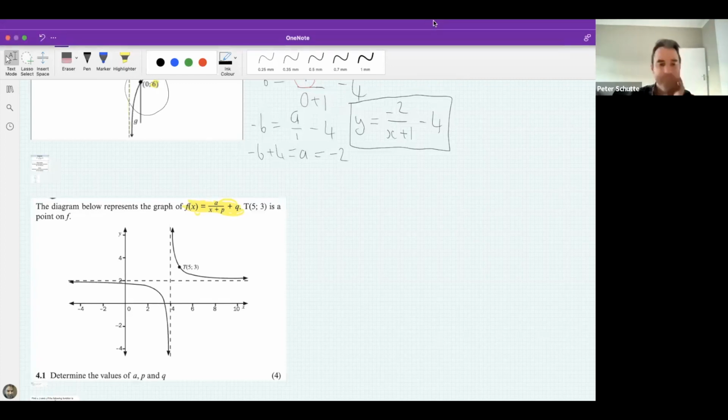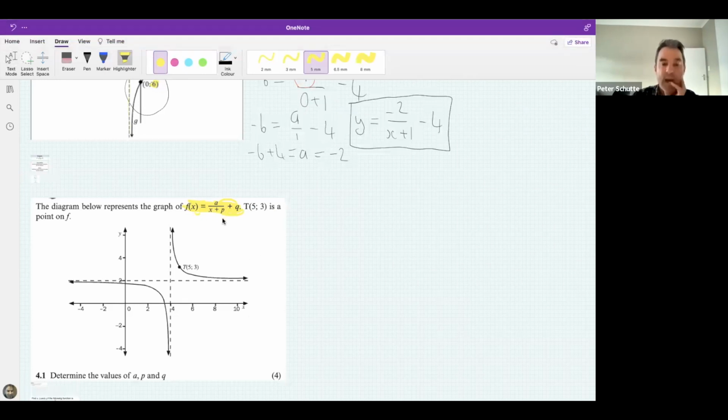Sir, how do we determine the values of A, P, and Q?